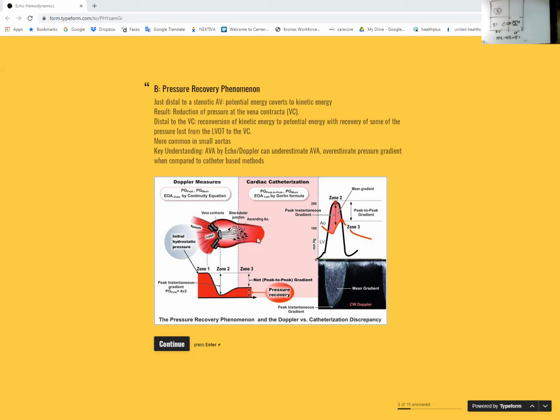So the cath gradient is always going to be a little less than the echo gradient because of the pressure recovery phenomenon.